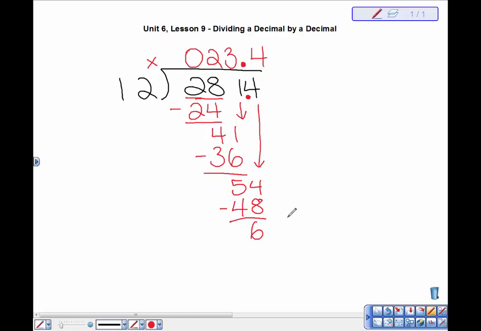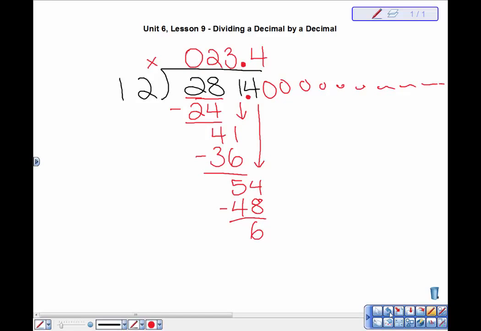Now, if I look, I have no other numbers in 281 and 4/10, but I can't have a remainder when I'm dividing decimals. You cannot have a remainder when you're working with decimals. You just have to keep dividing until you end up with 0. So I remember that there's actually invisible zeros after the end of a decimal. They go on forever and ever.